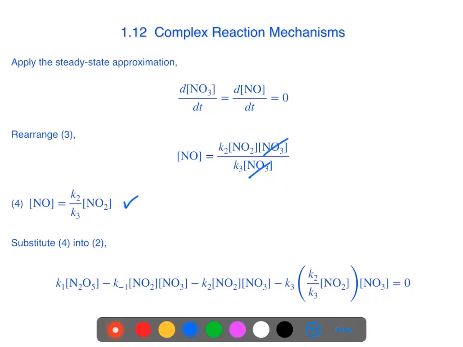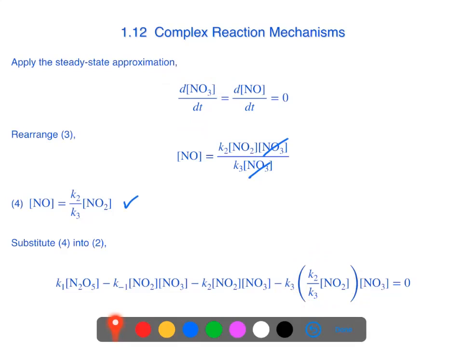Once we have that particular equality, we can substitute this equality into expression 2, where NO is present. And so in doing so, not only are we equating expression 2 to 0, because we stated that in our steady state approximation, we're now substituting in for NO with the K2, K3 times the concentration of NO2 term.